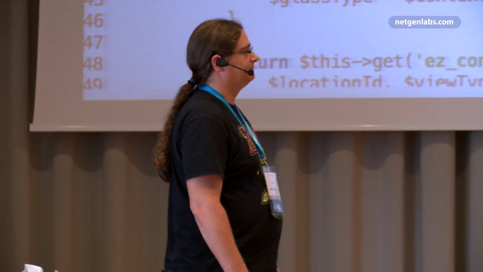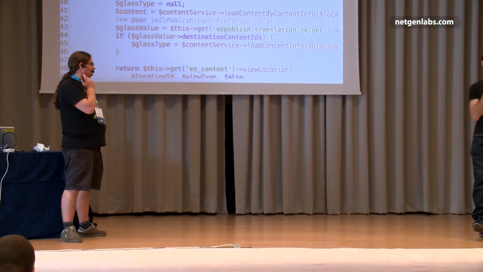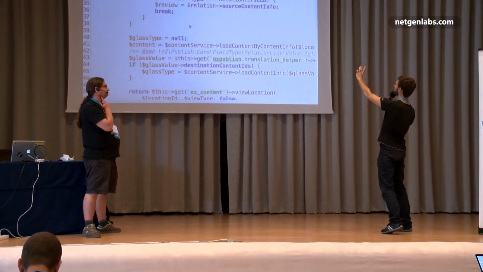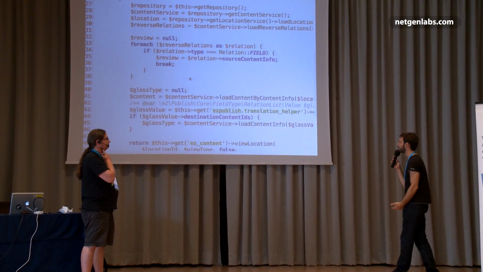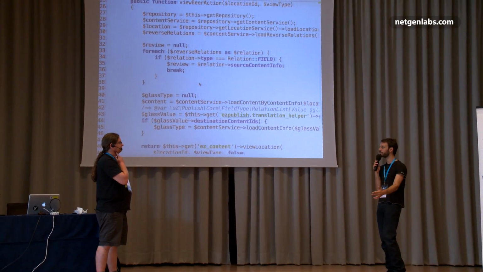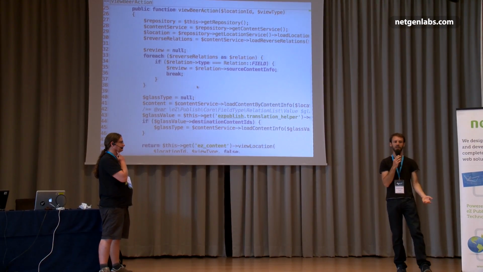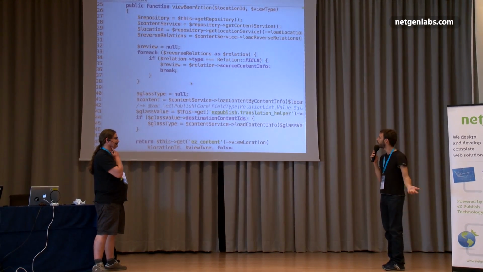Well, to be frank, a simple way of simplifying this and making it more readable without adding inline comments would be to take, for instance, the review part and the glass part and just add methods that have semantic meaning, like get reviews, get glass, and then you know that get glass is going to return a glass, and you know that get reviews is most likely going to return reviews, or you should change your job.